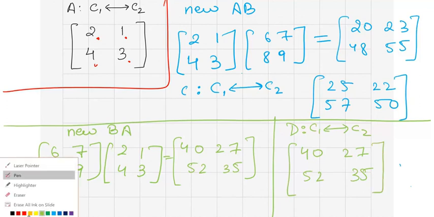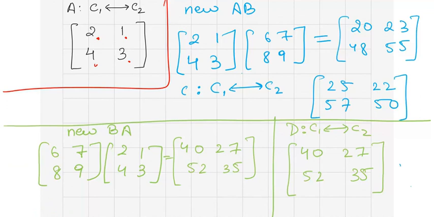So here we see that if we apply a column transformation to a matrix, then the equality can be maintained by applying the same column transformation to the product if the matrix is to the right of the multiplication sign. However, if it is to the left of the multiplication sign, equality cannot be maintained by applying the same column transformation to the product.